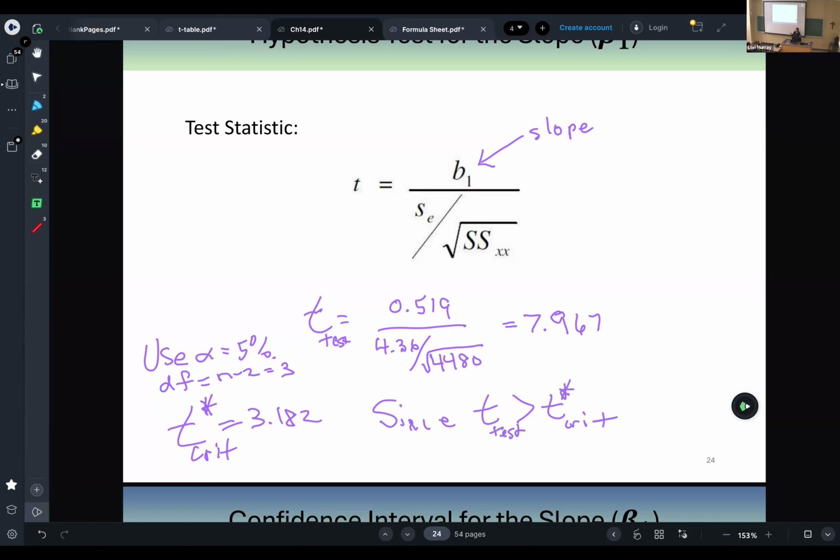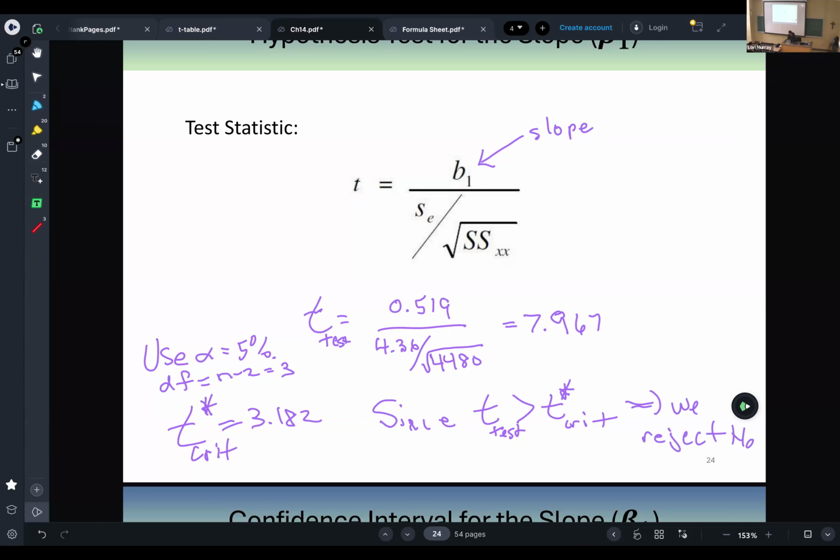It's always good to formally show it in notation rather than just the numbers, because the numbers only work for this test. But if you say this, then that's the standard rule for any numbers that you would have. So since the test statistic here, 7.967, is greater than our critical value, we formally write it like that, then yeah, we reject.